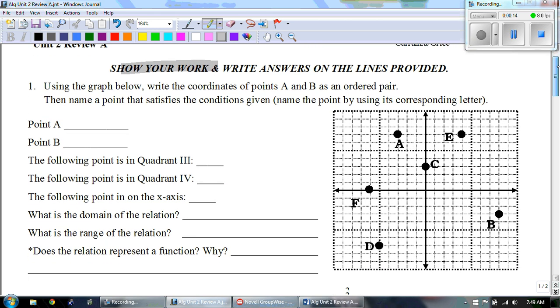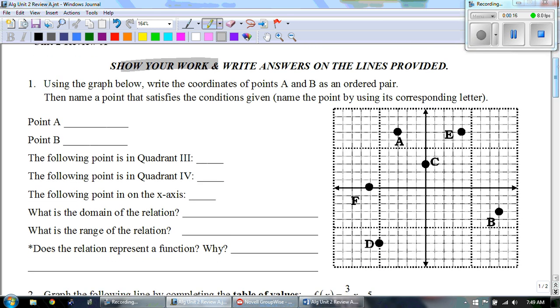Alright, so number 1 says using the graph below, write the coordinates of point A and B as an ordered pair. So A is right there, and that is going to be the point -3, because we had to go 1, 2, 3 to the left, and then 5, 6, 7.